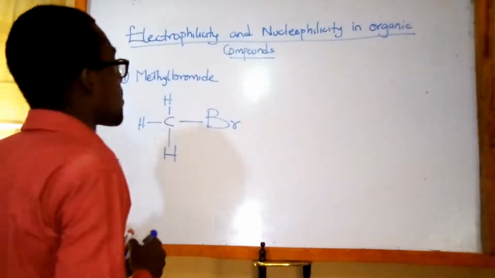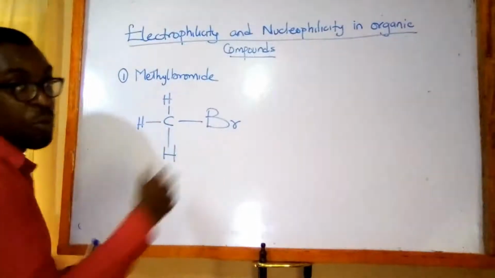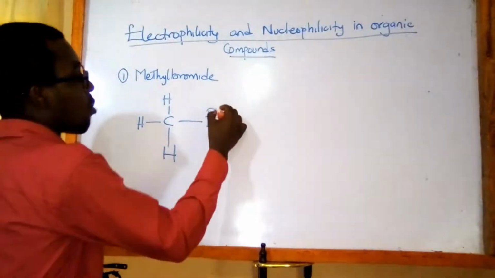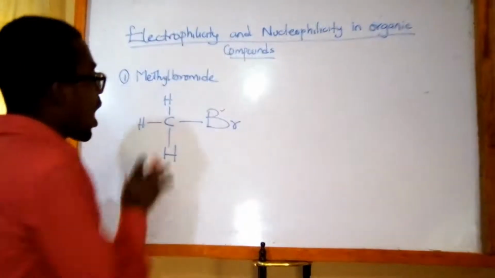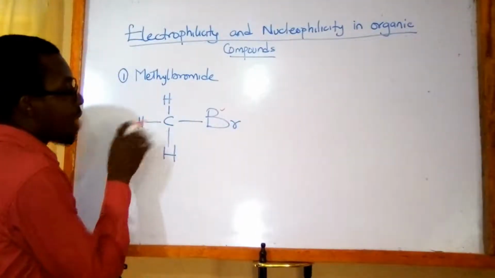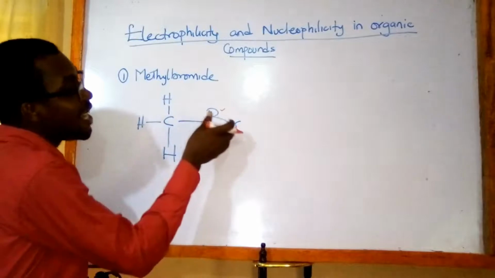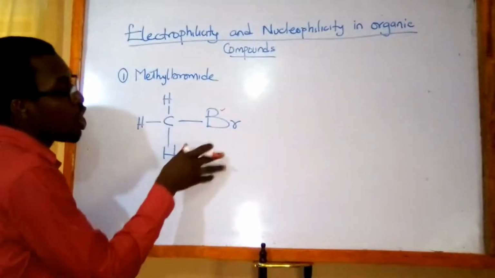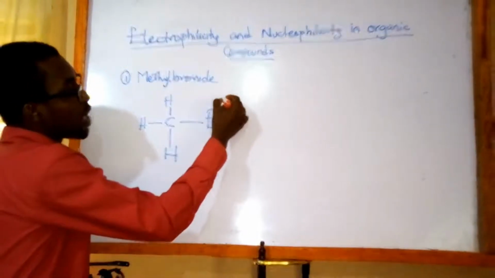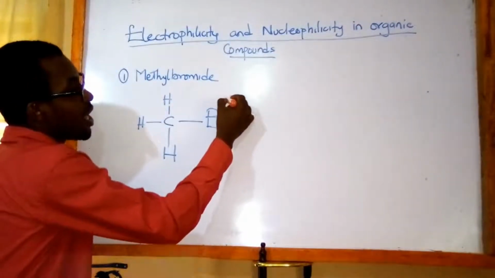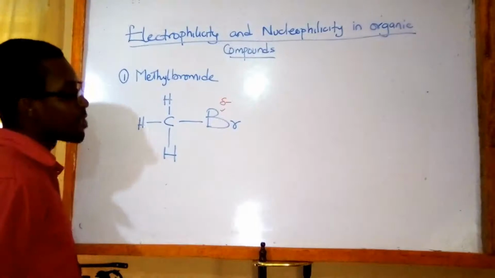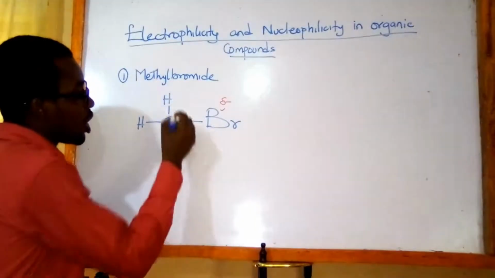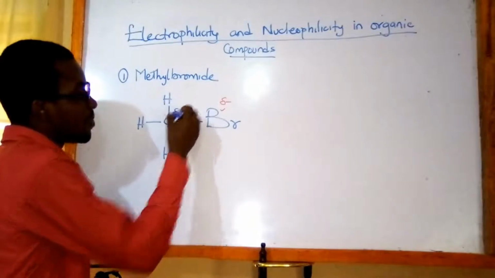Now look at this. This is actually polar. And why is it polar? Because you have an electronegative atom, bromine, and you have carbon, which is not as electronegative as bromine. So what will happen is that the electron cloud will be shifted more to bromine, giving bromine a partial negative sign, while carbon will have a partial positive sign.